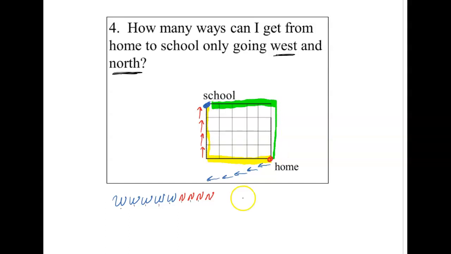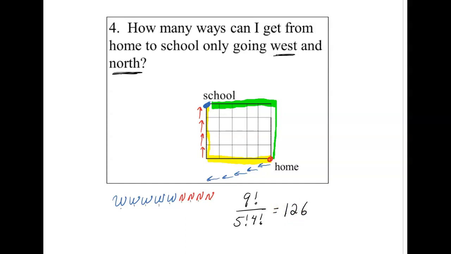So how many ways can you rearrange these letters? 9 factorial over 5 factorial, 4 factorial. When you type that into your calculator, you get 126 different ways.